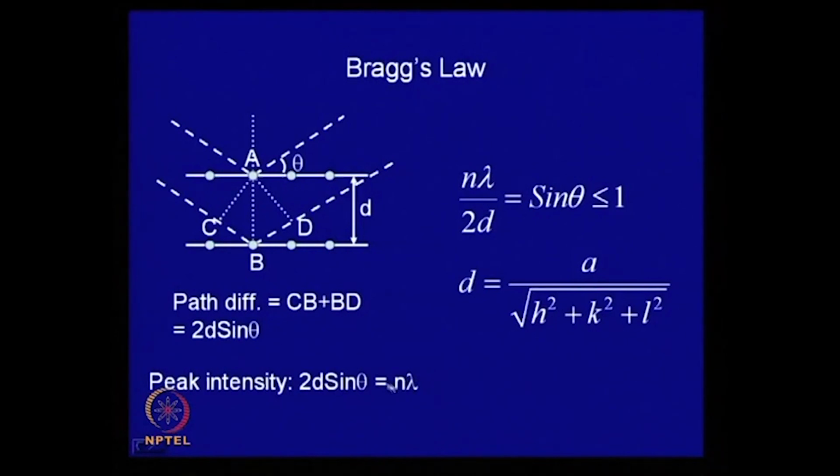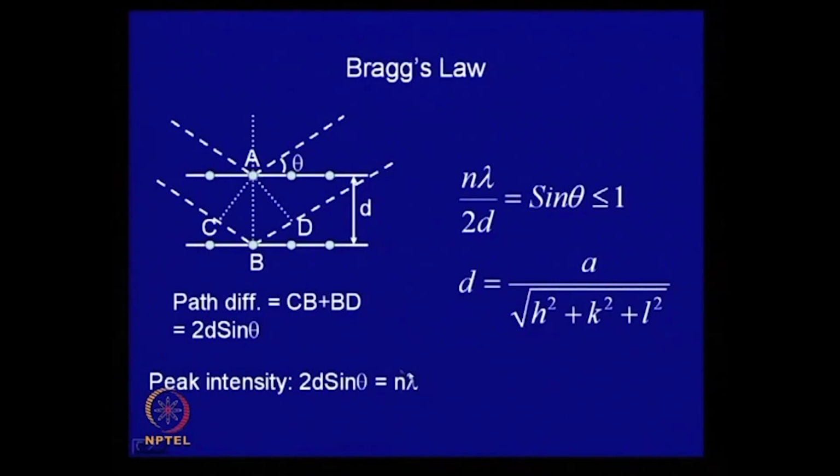When they are out of phase, there will be destructive interference. So, in certain directions, at certain values of theta, you will get an intense peak, whereas at other values of theta, the intensity of the beam will be very less.